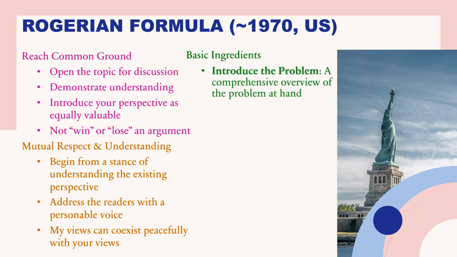The basic ingredients: this begins a little bit differently from the thesis claim type of pattern. Firstly, begin with the context, introducing the problem. Show a comprehensive overview of the problem at hand. So what is wrong? How is it harmful? What are people saying?